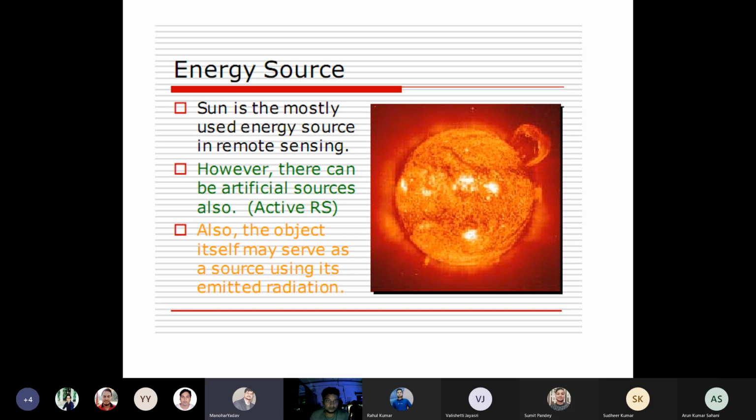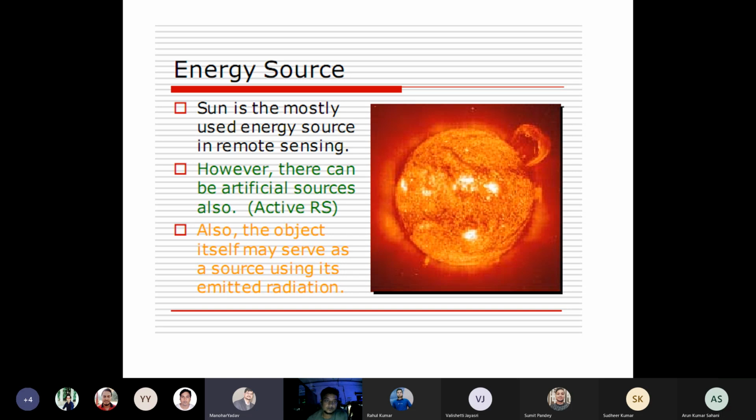We will also discuss about it. So there are mainly three energy sources we have discussed, like the artificial sources. If you collect images using a camera at night, and if you use the flash, that is an artificial source, and it is active remote sensing. Now the sun is used as an energy source in many remote sensing techniques.